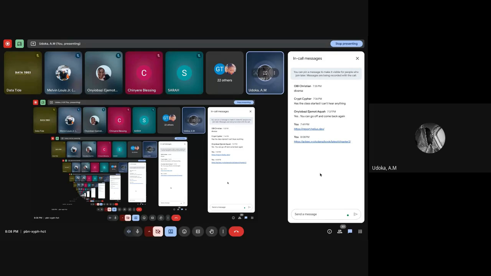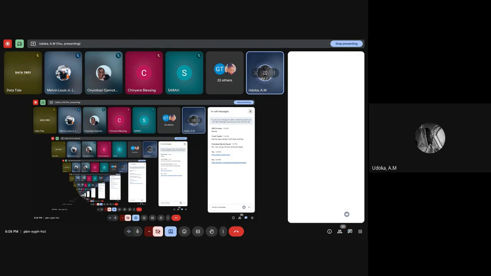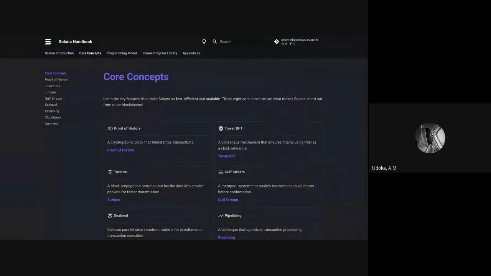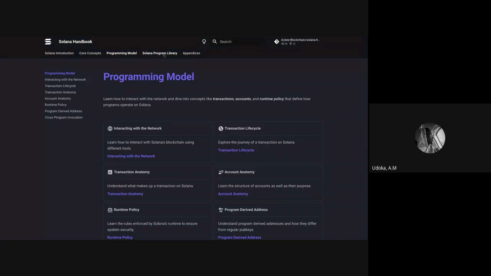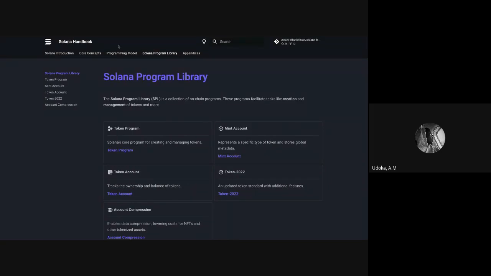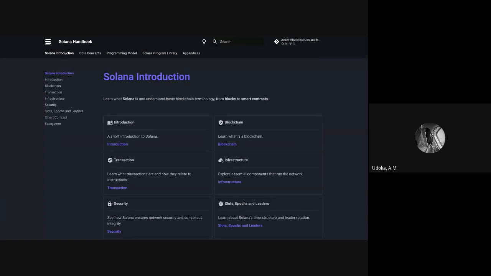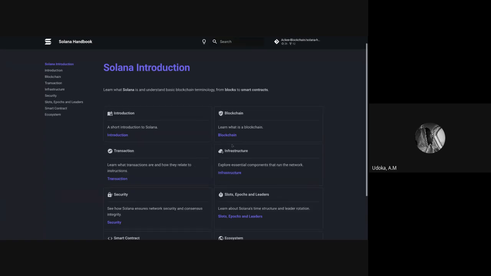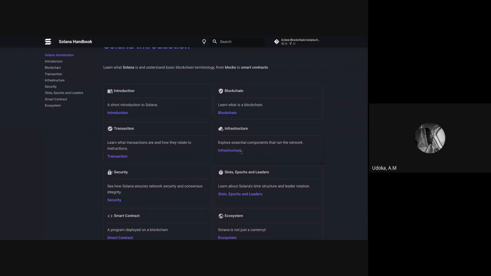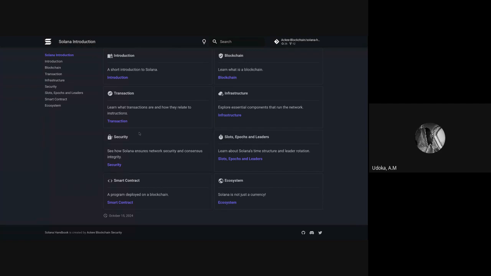That is actually from a full Solana program that you might want to check out if you're interested in building Solana products. This is just section 2. There is a programming model, then the program library, then I think there is the Solana introduction. So if you don't know what Solana is on a very basic level, you can see what is blockchain, what is infrastructure, transactions, slots, epochs, ecosystem, smart contracts, and all of that.